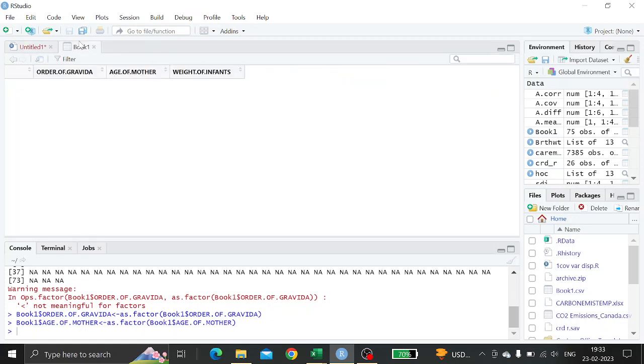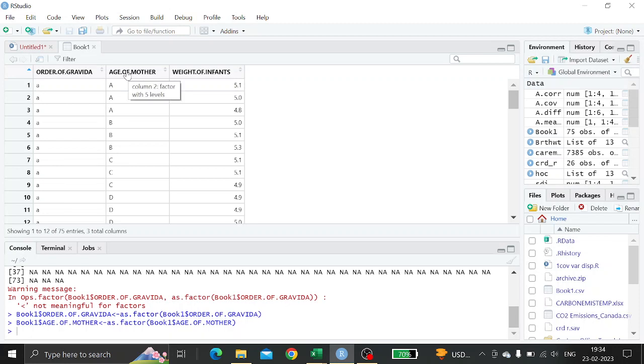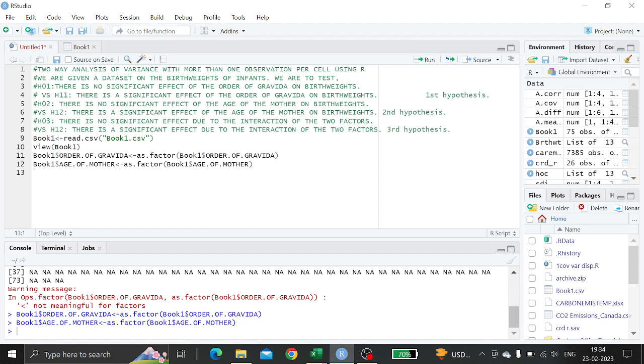Now you can have a look. R is considering the age of the mother as a factor with 5 levels, and it is also considering the order of gravida as another factor with 5 levels. Now we can use the aov function to conduct an Anova test, a two-way Anova test.